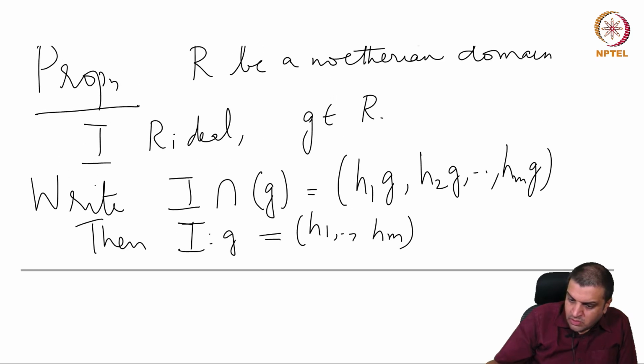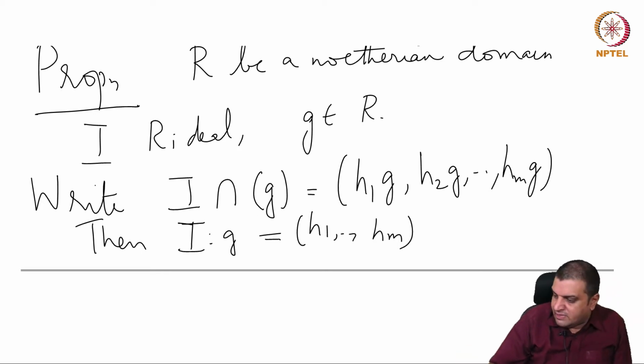And just one more observation. This we will have to prove, but notice that if you take I colon G and multiply its elements by G, it lands inside this intersection. It is inside I by definition, and it is also inside the ideal generated by G because these are multiples of G. So it does land inside that intersection. Okay, proof.